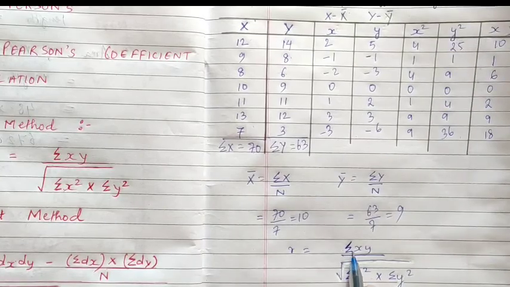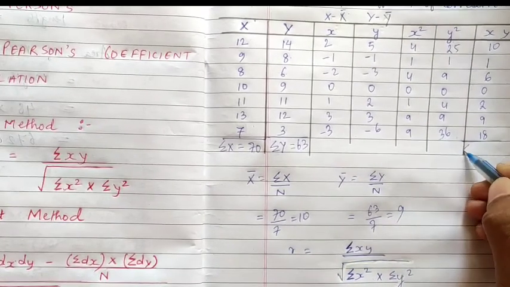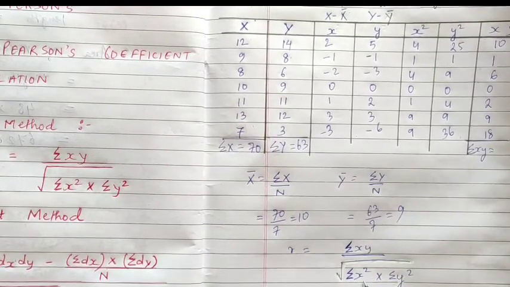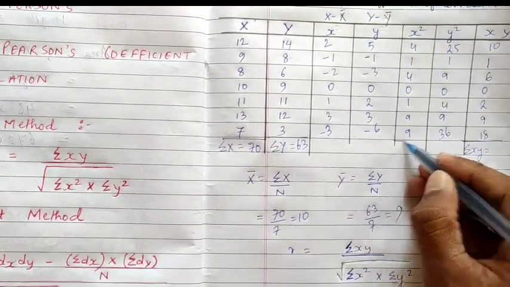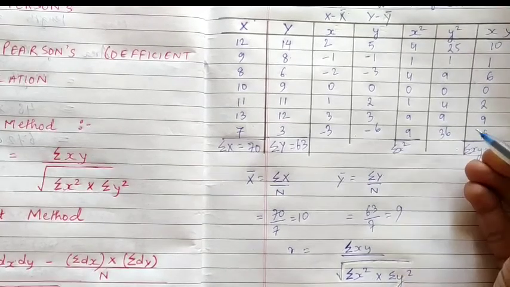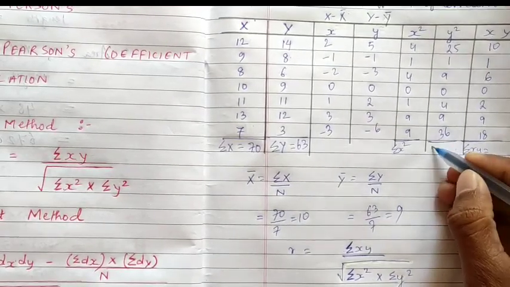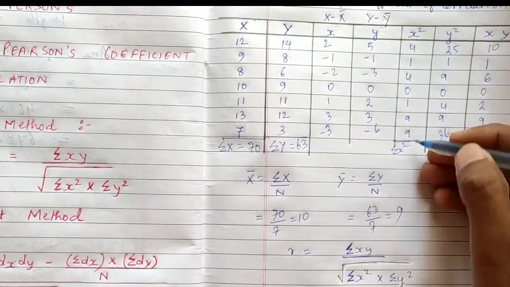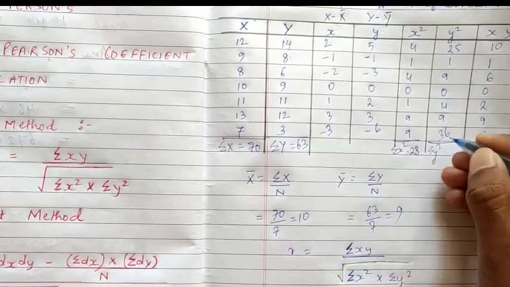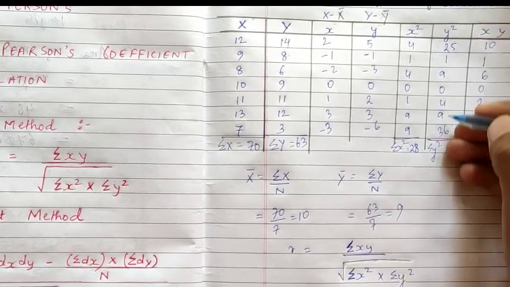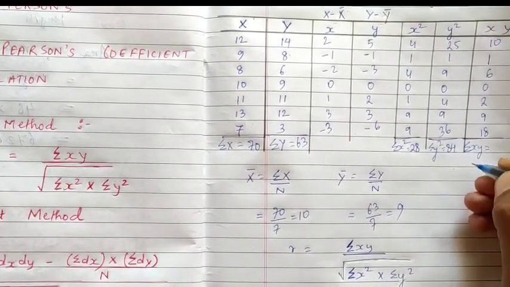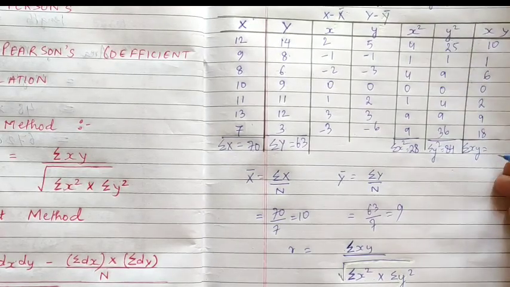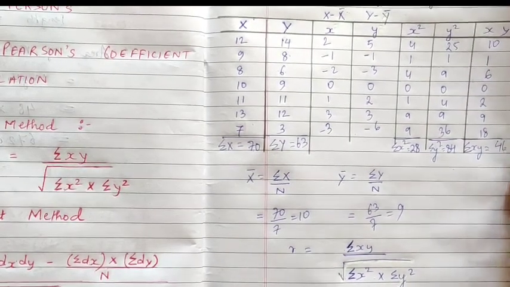So now we need summation xy, that is this column, and we also need summation x square, means this total, and we need summation y square. So summation x square, if we total it, we will get 28, and summation y square, if we total it, we will get 84. You can take help of calculator. So summation xy, if we total it, we will get 46.